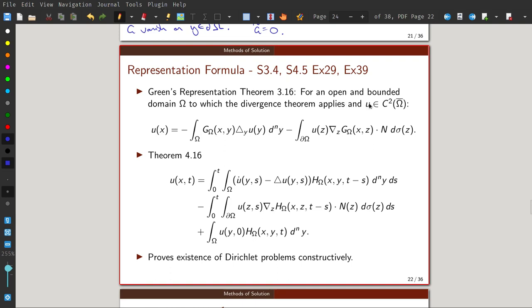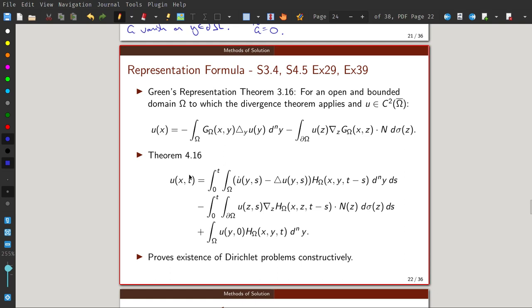And this is why it's called a representation formula, because it's showing you a way of writing every C2 function as a particular sum of the integral of a function which is the Laplacian of something plus a term over the boundary. So this is a representation, writing every function in a particular form.